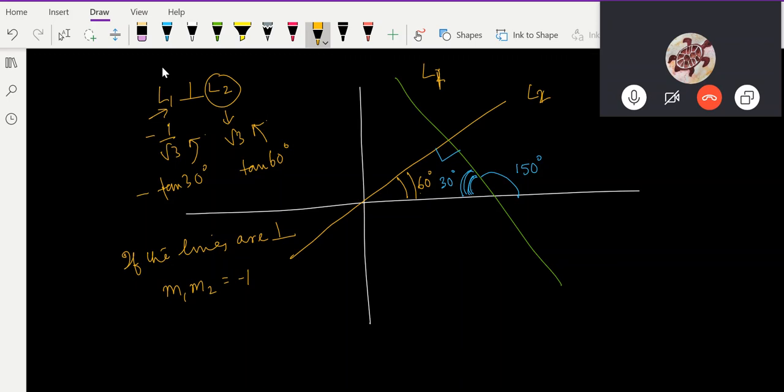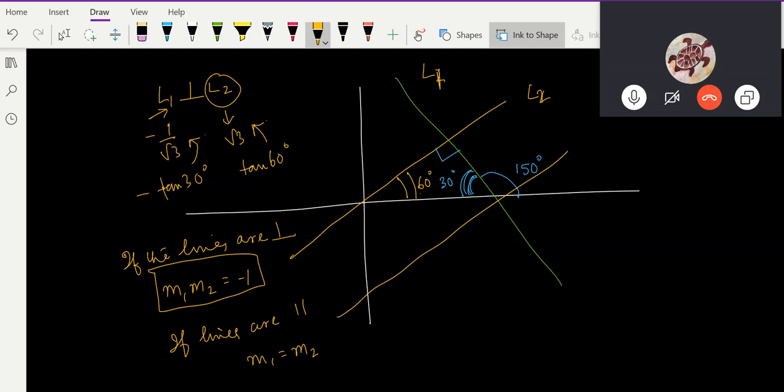This is a very important property which we will be using in case of perpendicular lines. And if the lines are parallel, then m1 is equal to m2. Slopes are always equal.